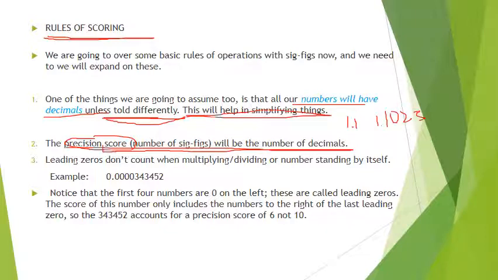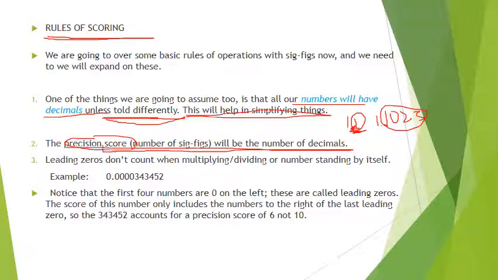So actually, what we're going to do now is say this has a score of 1, and this has a score of 4. Okay. So actually, in the previous examples, just know that. So what you're going to do is always count. The score is the number of digits right of the decimal point.